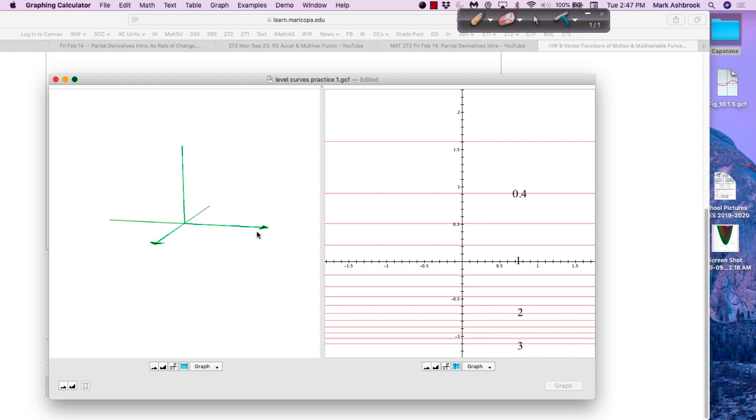So I think these are all 0.2. The lines are a differential of 0.2 in z. So 0.2, 0.4, 0.6, 0.8, 1, 1.2, 1.4, 1.6, 1.8, 2, 2.2, 2.4, 2.6, 2.8. So the z values from line to line change by 0.2.